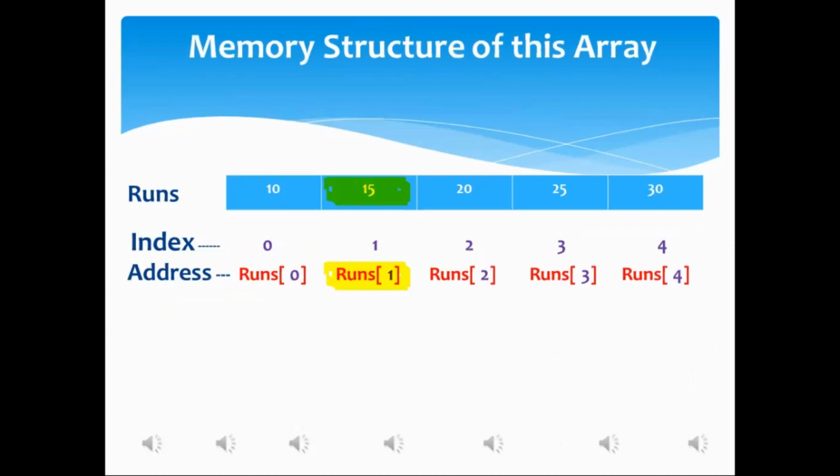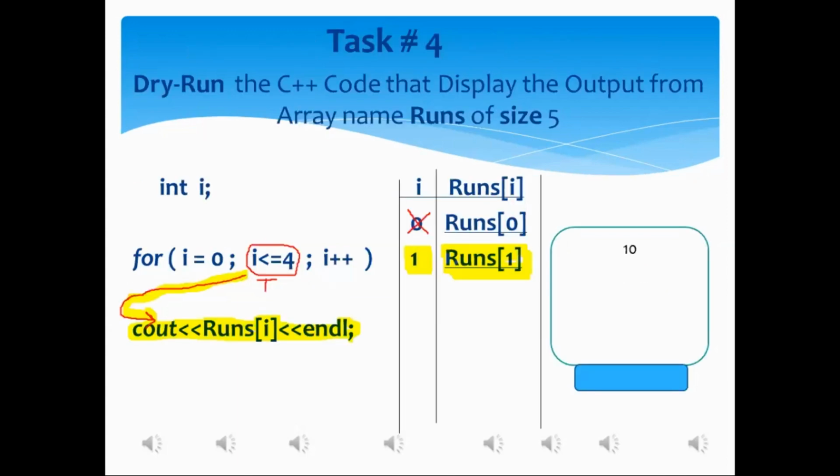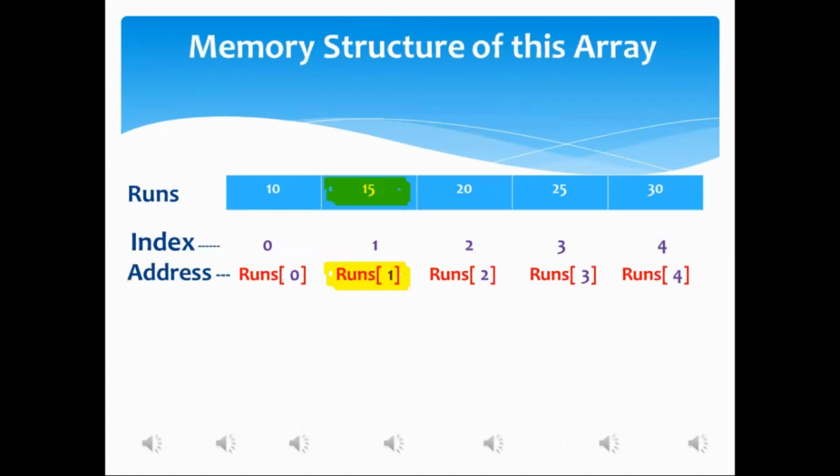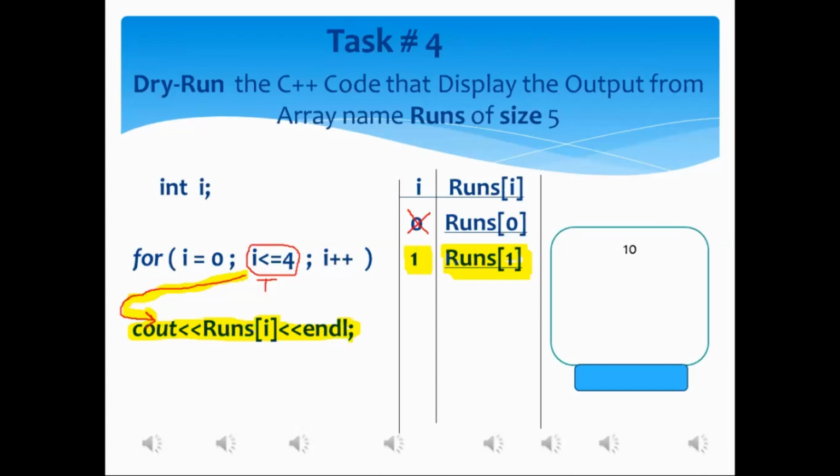Now, what is the data value that has been stored in the second memory location of the array? 15. Okay, it means 15 must be displayed onto the monitor screen as a result of the execution of the for loop associated statement. Is it so or not? It's so, sir.